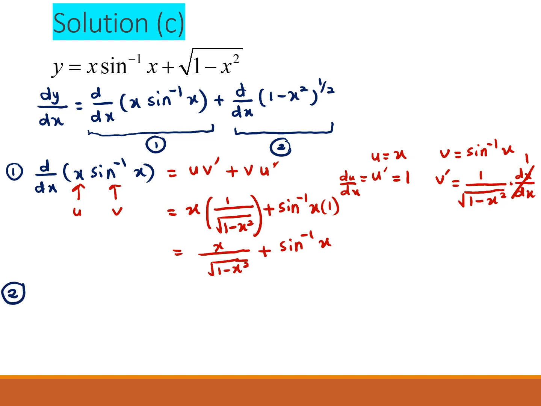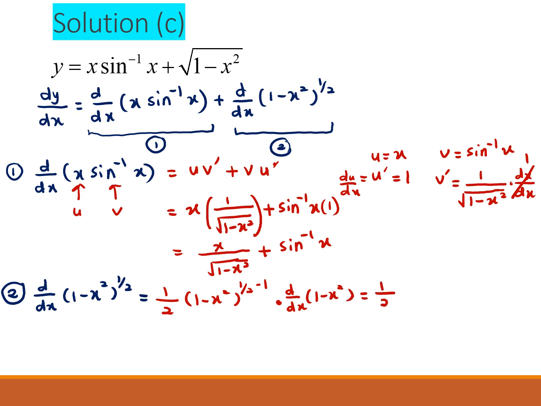Then we solve the second term, which is d over dx of 1 minus x squared to the power of half. The derivative of this will be 1 over 2, and we keep the inside function, which is 1 minus x squared to the power of half minus 1. And then we find the derivative of 1 minus x squared.